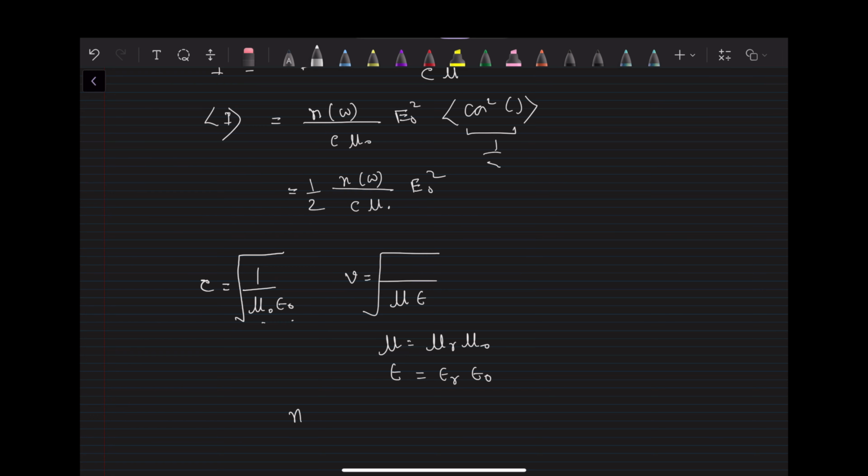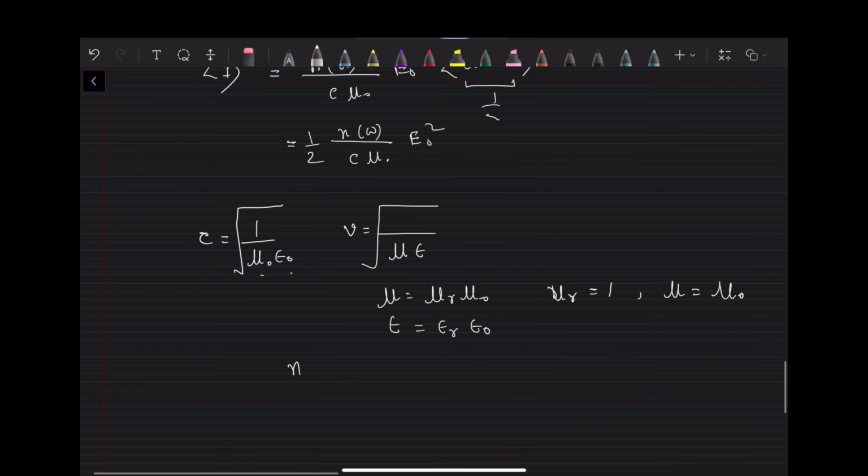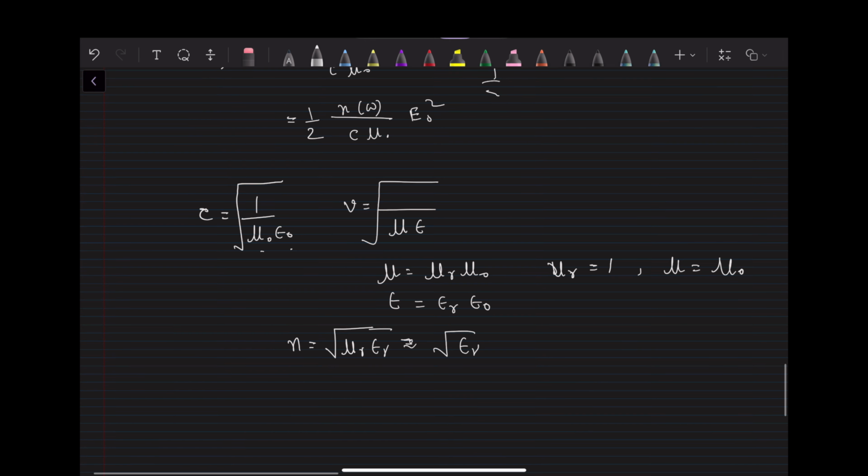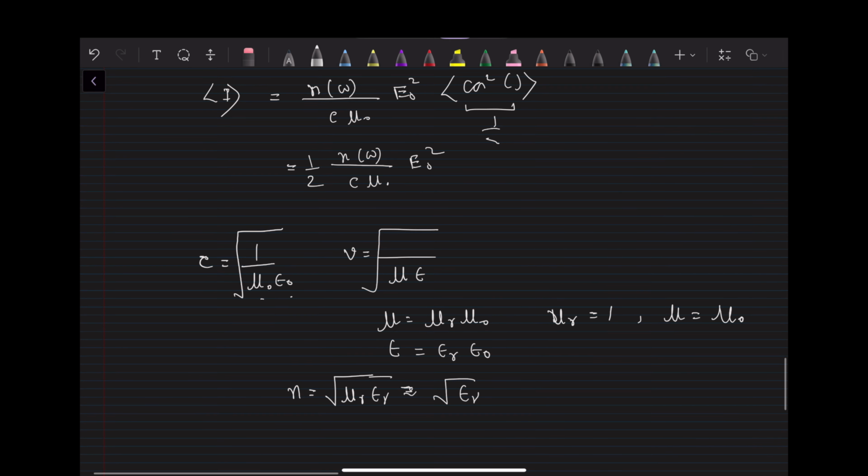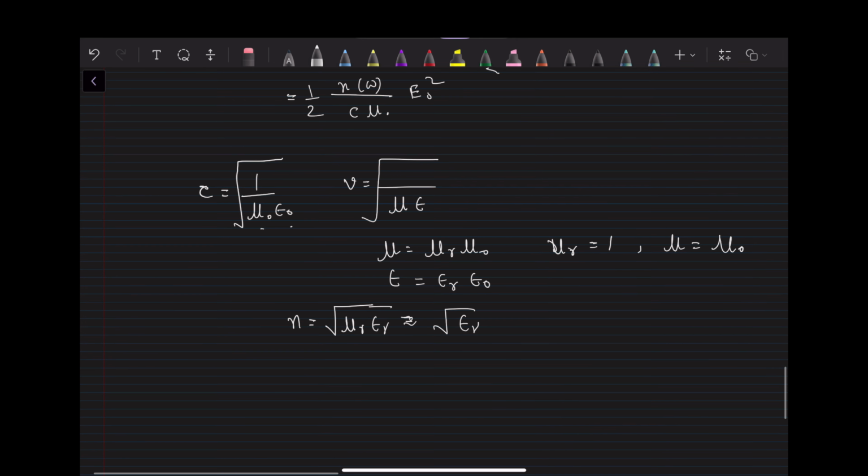In most of our cases the relative permeability mu r is mostly 1, so you can assume mu as mu naught. Then n is nothing but the square root of mu r and epsilon r, the relative permittivity.